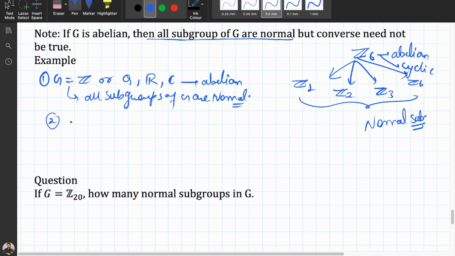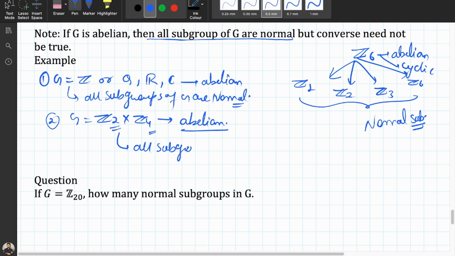Now next, what about G that is Z2 cross Z4? This is also abelian. It is not cyclic actually. Why is it not cyclic? Because the GCD of 4 and 2 is not equal to 1. If the GCD of M and N is 1, then it is cyclic. Now it is abelian, and if it is abelian, then all subgroups are normal.